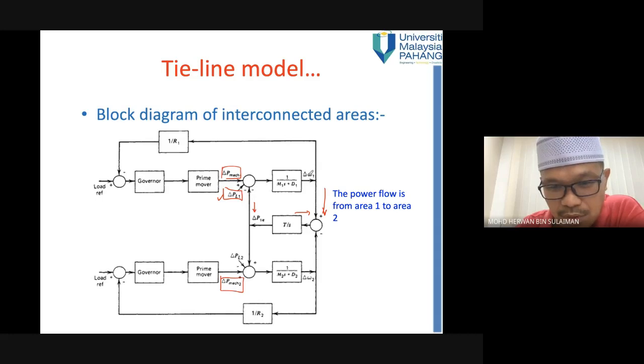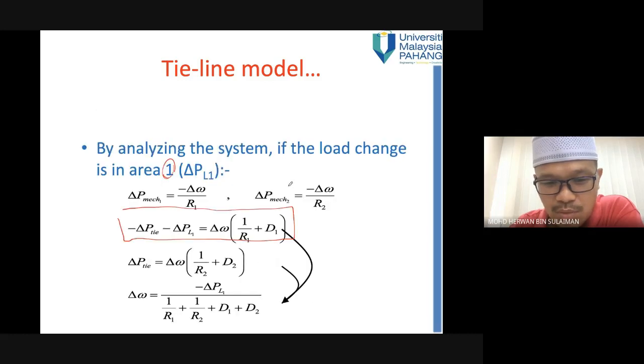I hope you can remember back when you learned about the control system, when you have the block diagram, you just multiply, right? So delta omega 1 and then 1 over R1 plus D1.